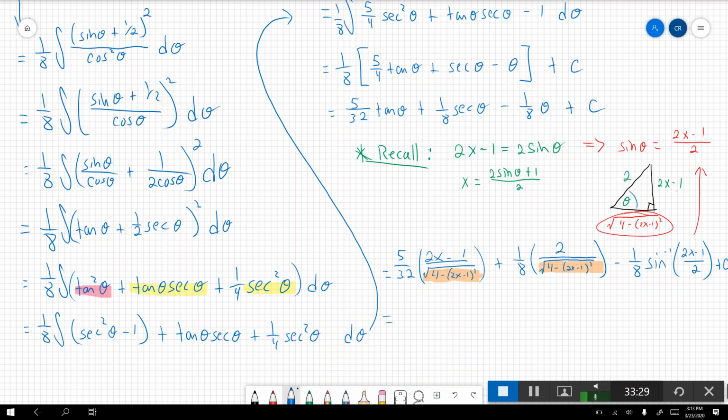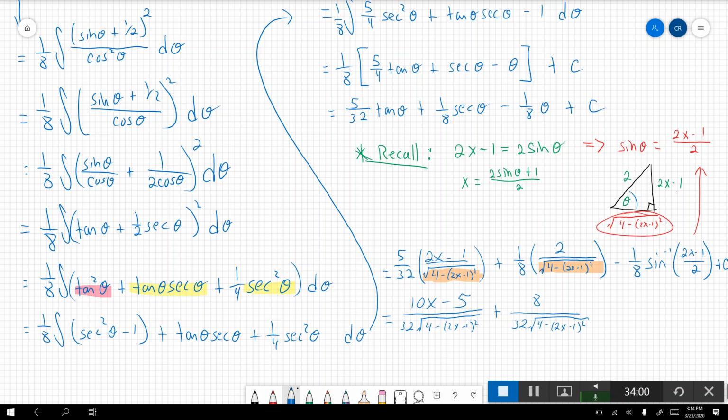Let's multiply the 5 in that numerator, so that's going to be 10x minus 5 divided by 32 multiplied by the square root of 4 minus (2x minus 1) squared, plus this denominator doesn't have a 32, so I'm going to multiply by 4, both numerator and denominator, so that's going to be 8 over 32 multiplied by the same denominator. In other words, we have an LCD.